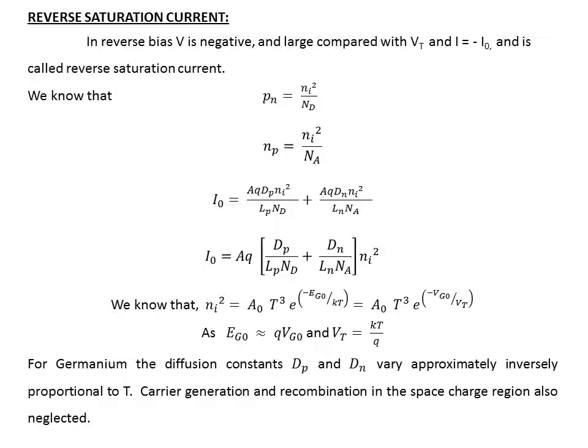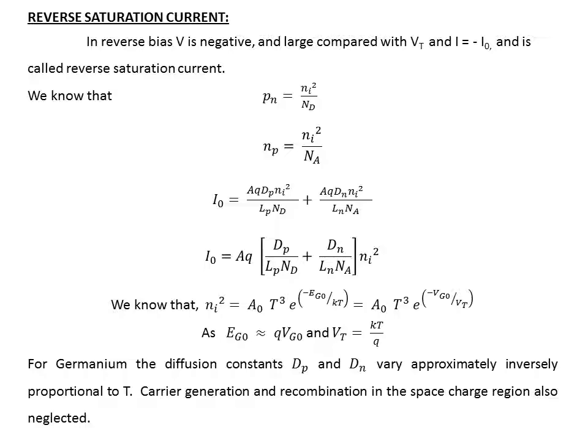This can be represented in terms of voltages as A0 · T³ · e^(−Vg0/Vt), as Eg0 = Q·Vg0 and Vt = kT/Q.